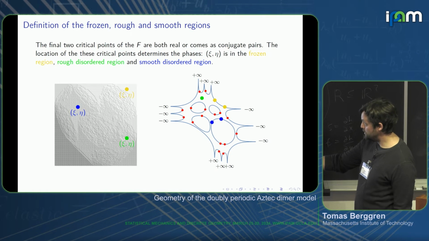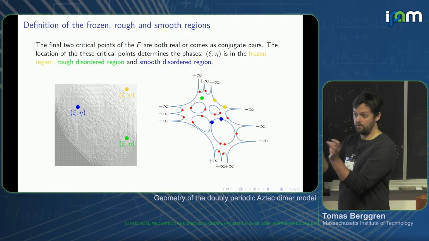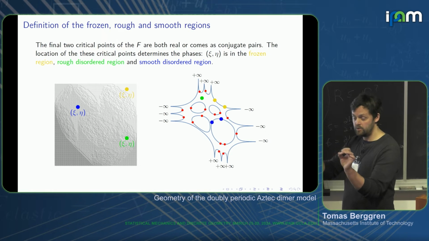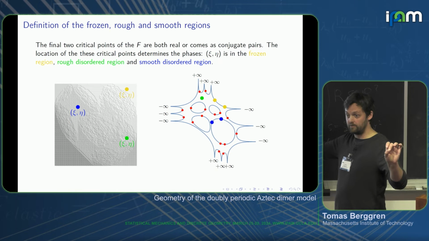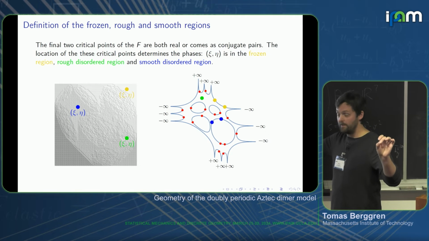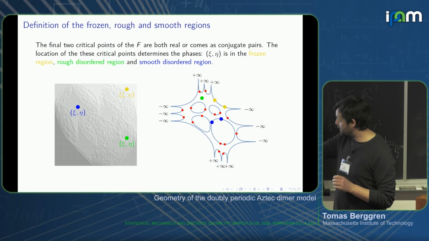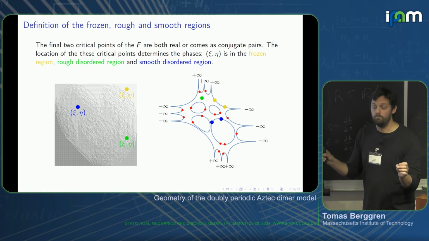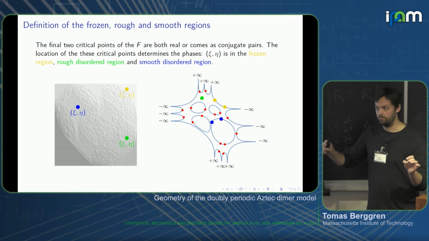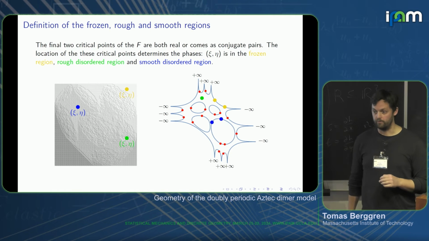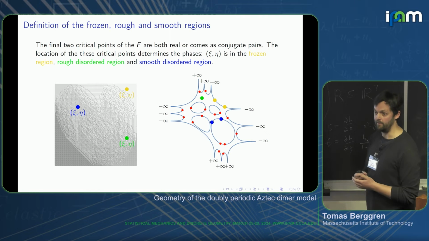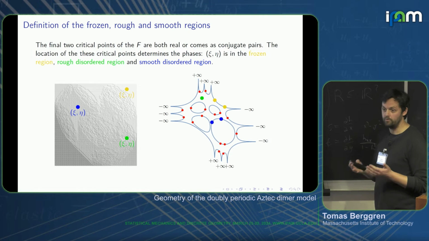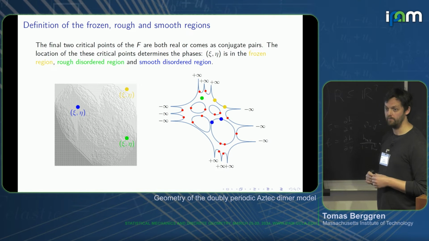Here, the correlation between dimers, if you take two dimers and see what the correlation is as the distance between the dimers increases, decays exponentially. In the liquid region, it decays polynomially. I think it's by the distance squared. So that's the difference.